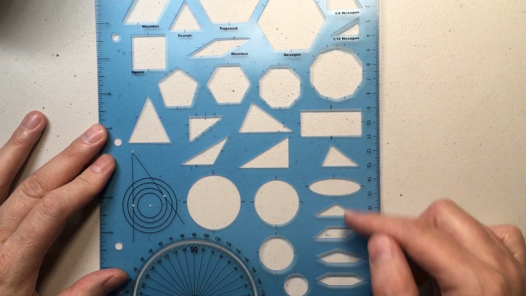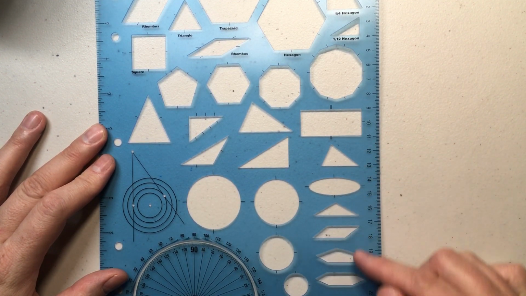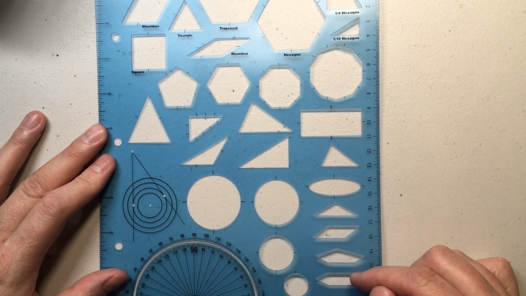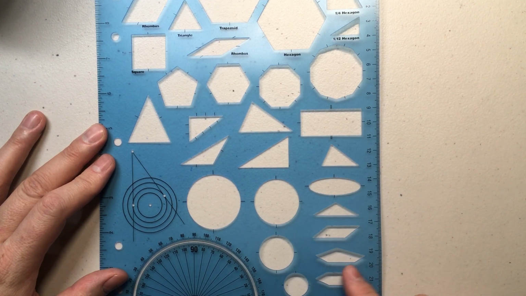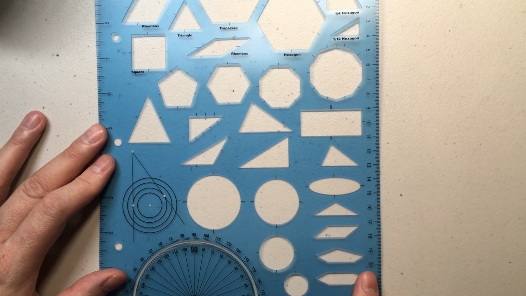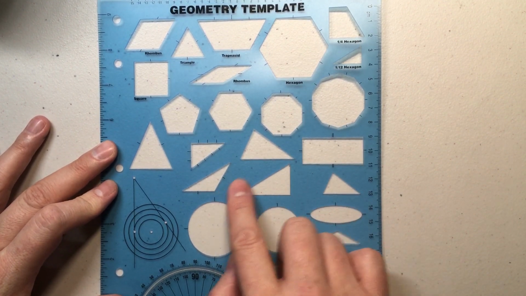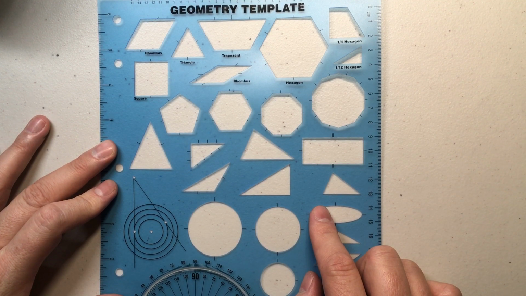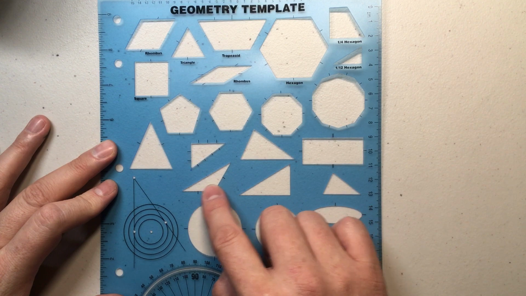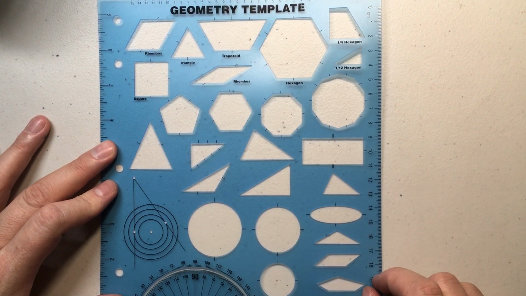It has an ellipse. It has all these different shapes. There's a hexagon, one, two, three, four, five, six. It might even have a specific name. Here's a right triangle. This might even be an isosceles triangle.